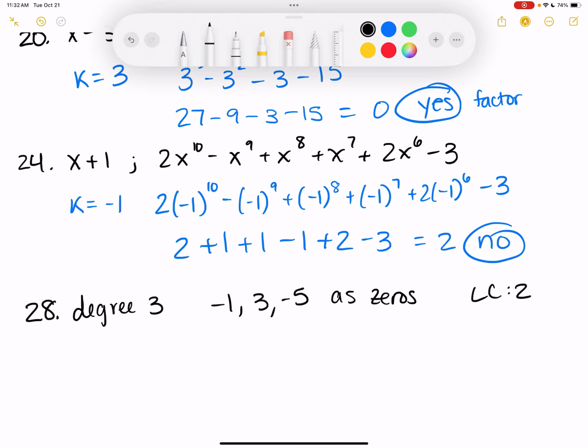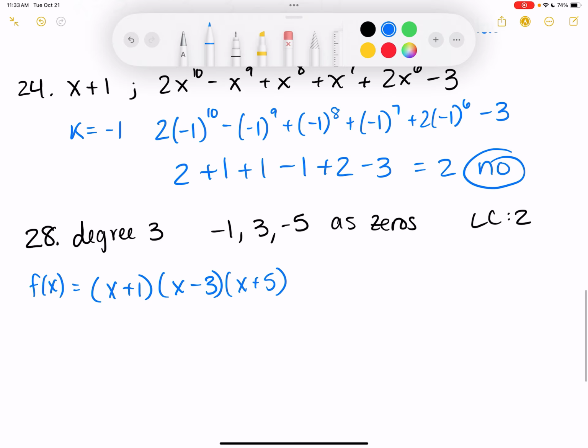So this would be like x equals each of these numbers. So when we move them over, the factors would be x plus 1, x minus 3, and x plus 5 that are being multiplied. So then I just FOIL. So I get x squared minus 3x plus x and minus 2x minus 3. Then multiply that times x plus 5.